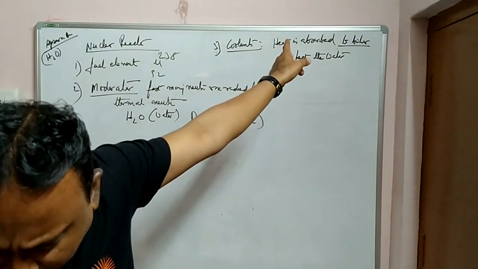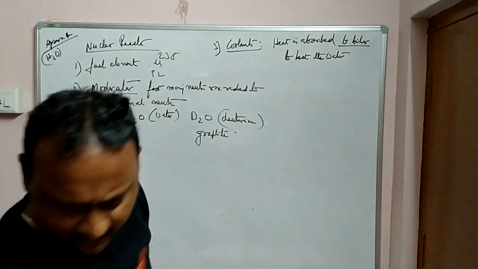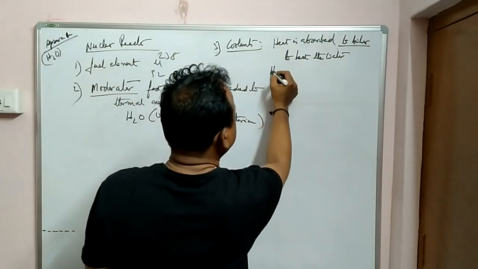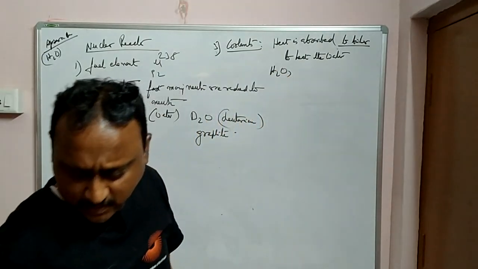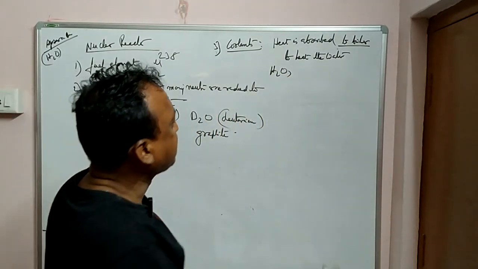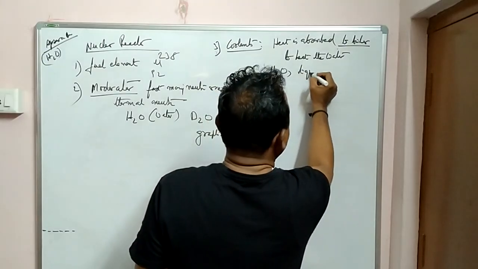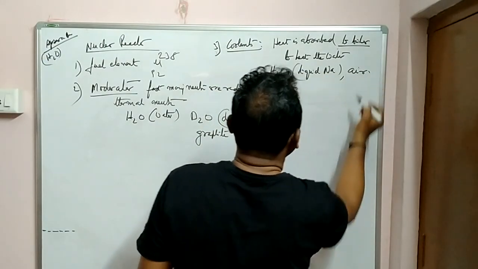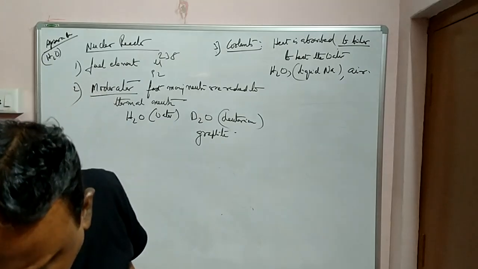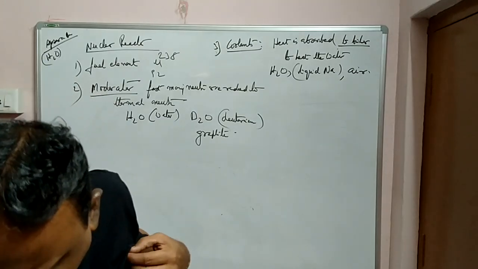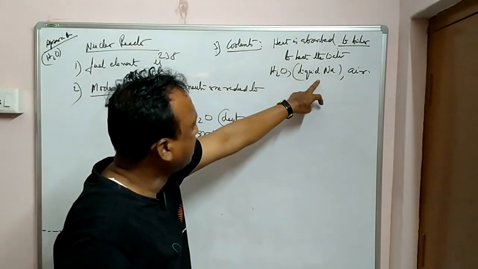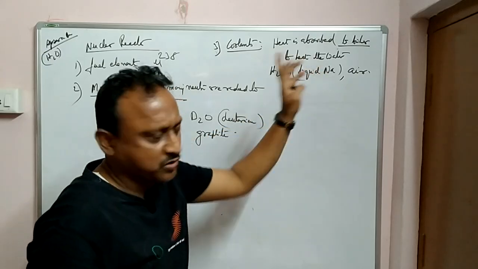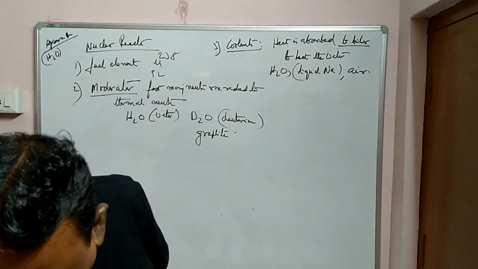And what do they generally use as coolants? Again water, air, liquid sodium. Ordinary water, H2O, is also used as a coolant, carbon dioxide, CO2, air, and liquid sodium are also used as coolants.